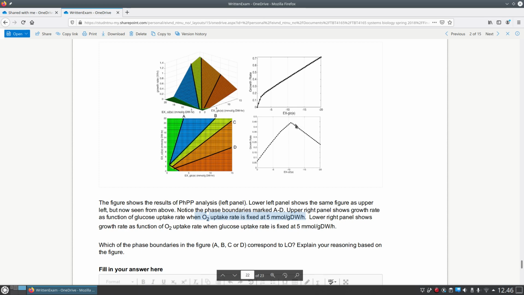And since this summit here is, again, glucose uptake fixed at 5, as described in the caption, and oxygen uptake at slightly over 10, as we can read from our axes, that is 5, 10, and that is, again, this point here, which we see is on the line B. And so with that, we can conclude that B is, in fact, the line of optimality.